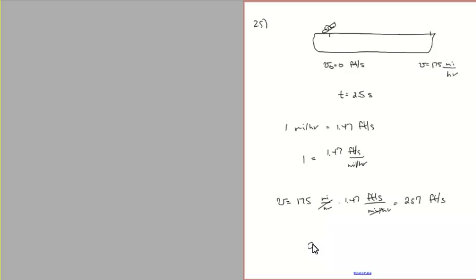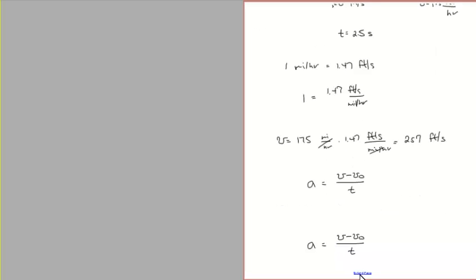Okay, now, if we assume constant acceleration, the average acceleration is going to be equal to V minus V0 over T. It's just from the definition of acceleration. Acceleration is change of velocity per unit time.